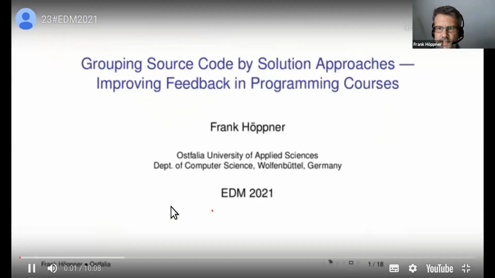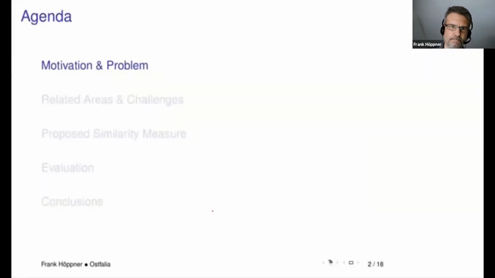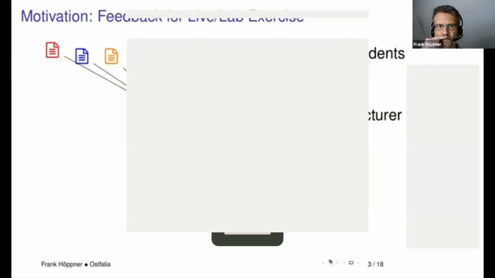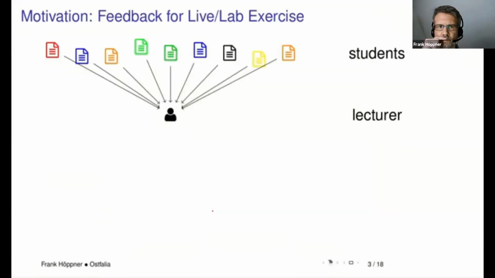Welcome everybody to a talk on grouping source code by solution approaches. So let us have a look at the motivation first. We have an introductory programming course in mind where students have to write many programs to improve their skills and learn new language elements. We may have live exercises as well as homework exercises, which will then be submitted to the lecturer.